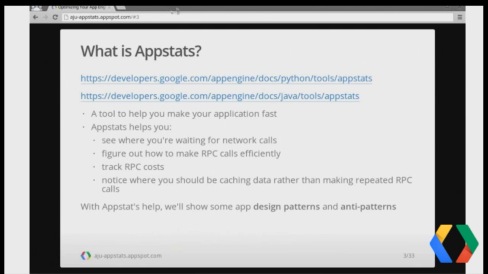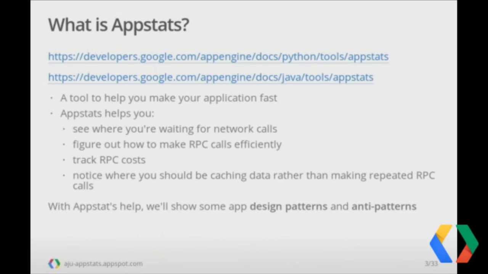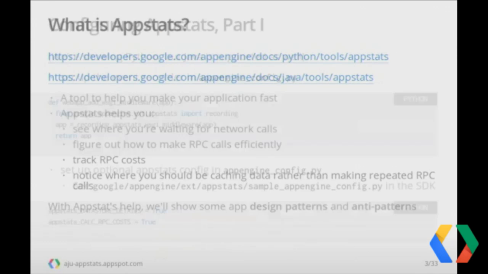It lets you see where you're waiting for network calls, figure out what RPC calls are costing you the most, and maybe notice where you're making repeated RPC calls, say to the datastore, when you should be doing caching. All sorts of useful things. We're going to use Appstats to show some design patterns and anti-patterns: good ways to design your app, and not so good ways that really make a difference with efficiency. We'll be able to see this with Appstats.